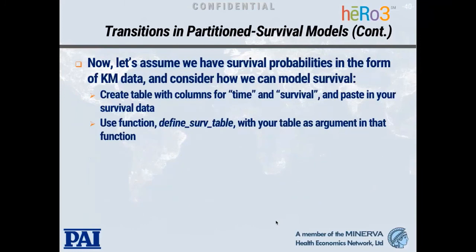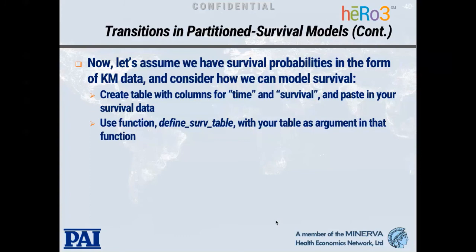Now, another case we can look at is working with Kaplan-Meier data. Let's say you have a set of survival probabilities generated from a Kaplan-Meier, so it's a set of times and a set of probabilities of survival. What you can do is create a table in the tables page with columns for time and survival, and paste your survival data into that table.